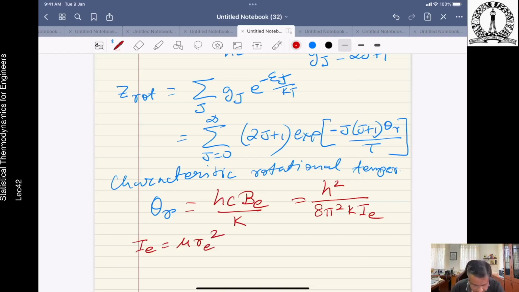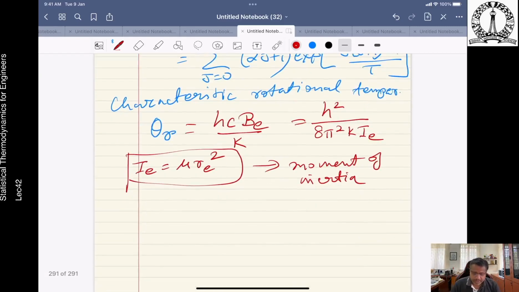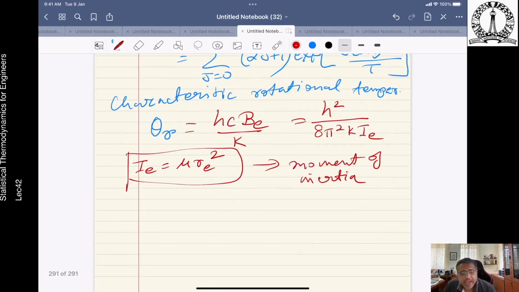Okay, so this is the moment of inertia. For a homonuclear diatomic, however, we have inadvertently overcounted the number of available quantum states by a factor of 2 because of the inherent indistinguishability of the nuclear pair. This complication derives from the symmetry requirements of the molecular wave function. As a result, the partition function is restricted to only odd or even values of the rotational quantum numbers.